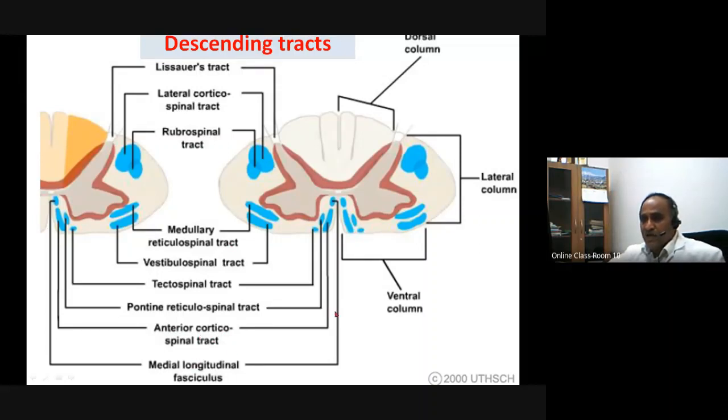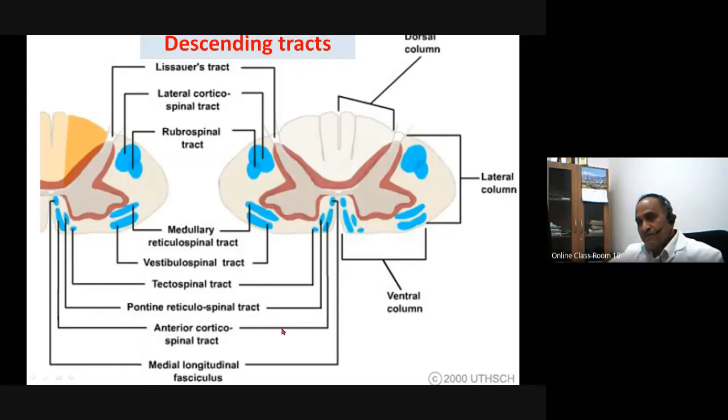Now we have the medial longitudinal fasciculus. They carry some information about proprioception and other sensory modalities. So these are the various descending tracts, because they descend from the brain structures: the medulla, midbrain, and the cortex.